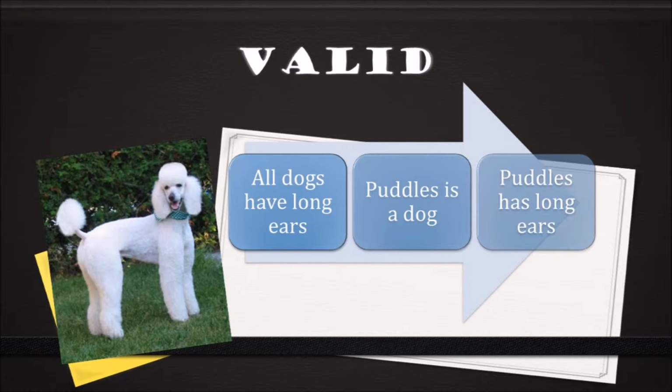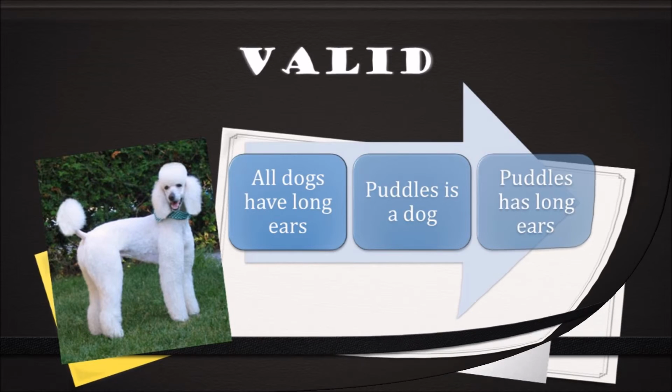Conclusion. Therefore, Poodles has long ears. Given the premises that all dogs have long ears and Poodles is a dog, it is logical to assume that Poodles has long ears. After all, in this example, long ears are an inherent quality of dogs. This argument is valid.